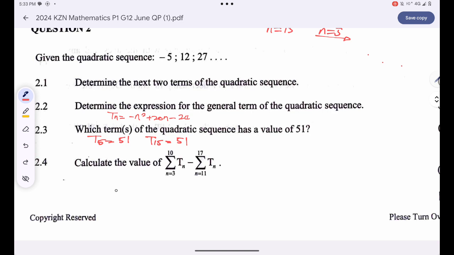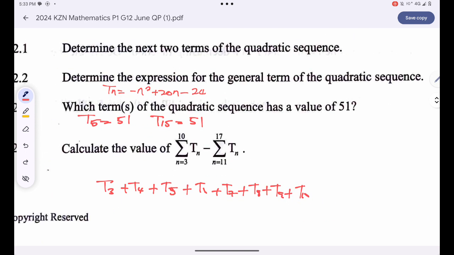So this will simply mean I'll have T3 plus T4 plus T5, T6, T7, T8 plus T9 plus T10. I'm just substituting the n value starting from this one, and then I'll keep on incrementing. So we'll say T3, T4 until T10 because there's 10 there at the top.